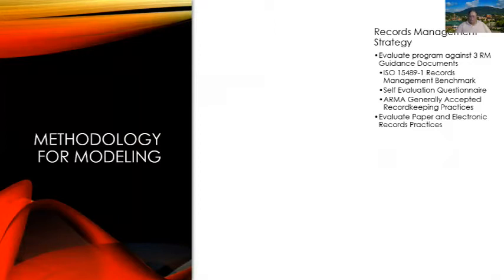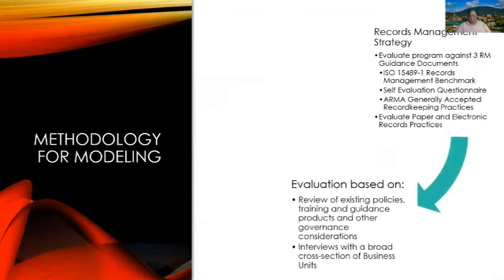And in this situation, I built it such that you could evaluate the organization on how it managed both paper and electronic records independently, because some organizations are doing much better in one than the other. And again, it just helps you set priorities where they need to be. That evaluation is based on reviewing existing policies, training, guidance products, and other governance considerations.